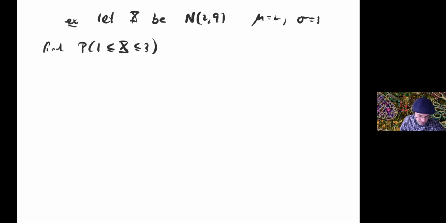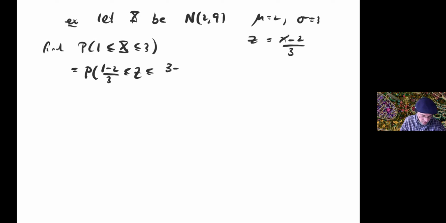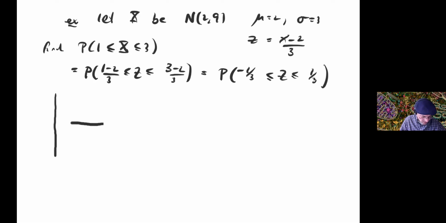Remember, Z was X minus 2 over 3. So in order to get the inequality for Z rather than for X, this would be the same thing as the probability that (1 minus 2) over 3 is less than or equal to Z is less than or equal to (3 minus 2) over 3. In other words, the probability that negative a third is less than or equal to Z is less than or equal to 1/3.